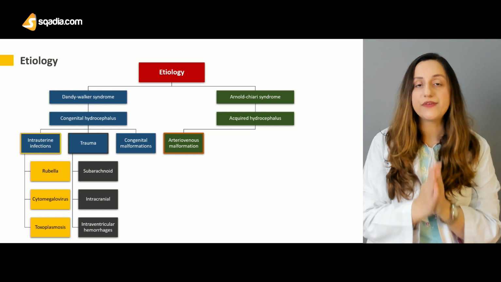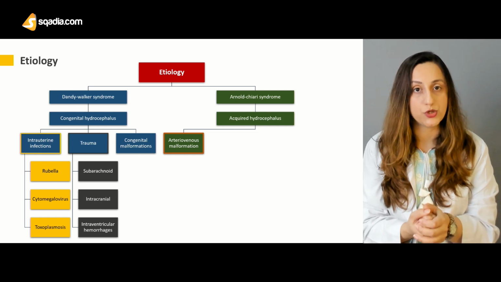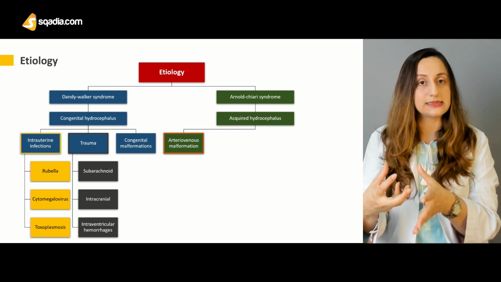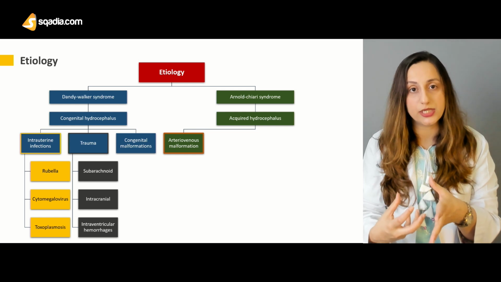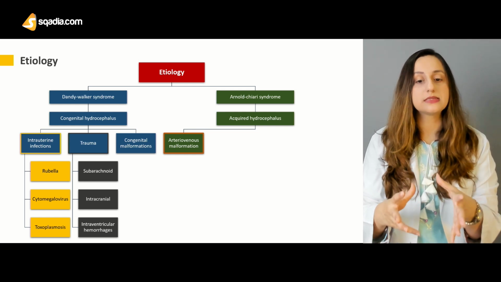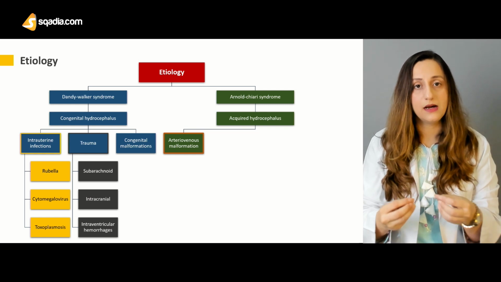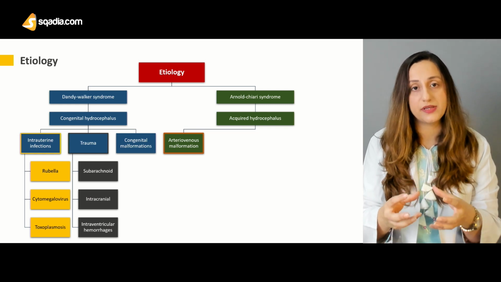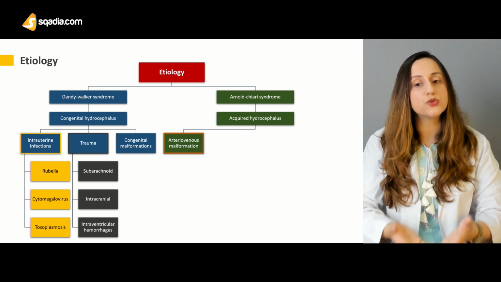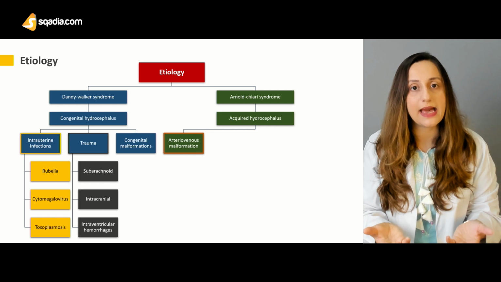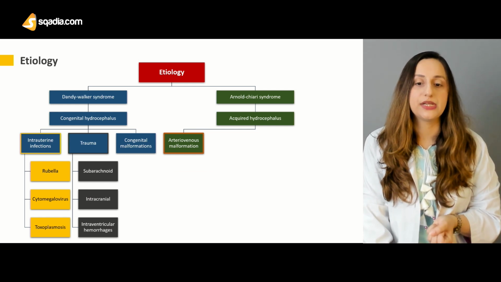So we must know the fact that the absorption of the CSF is again very important, and this absorption takes place at the superior sagittal sinus through the arachnoid granulations. So whenever there is a problem with the arteriovenous malformation present at the sagittal sinuses, it can give rise to the development of hydrocephalus, and the normal absorption is interrupted in this particular case.